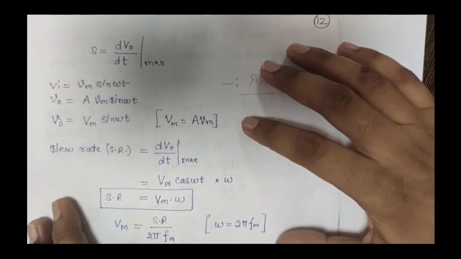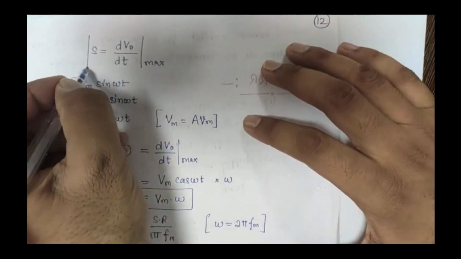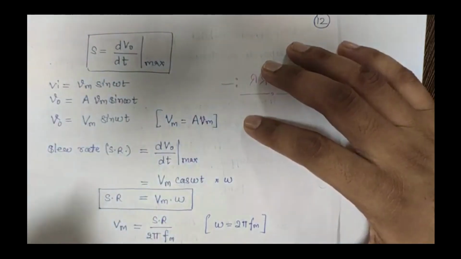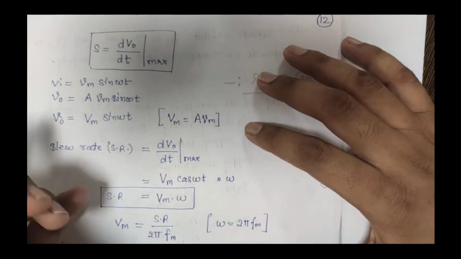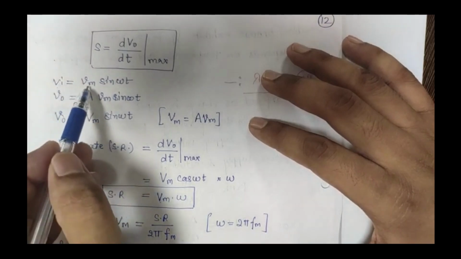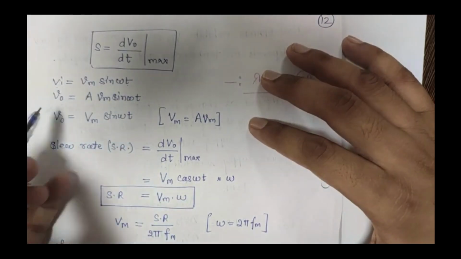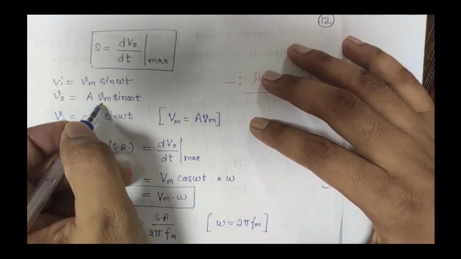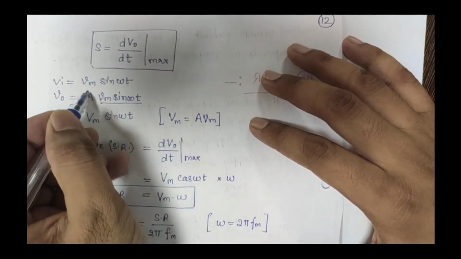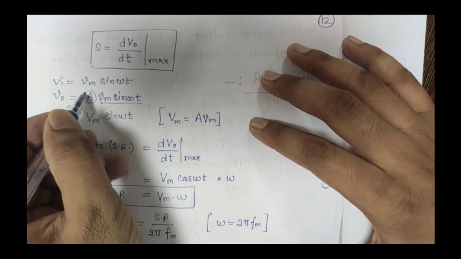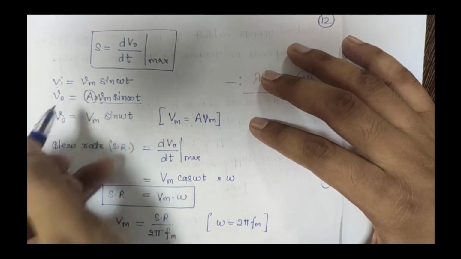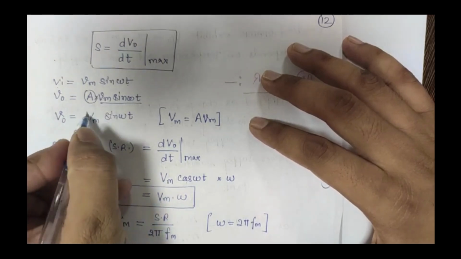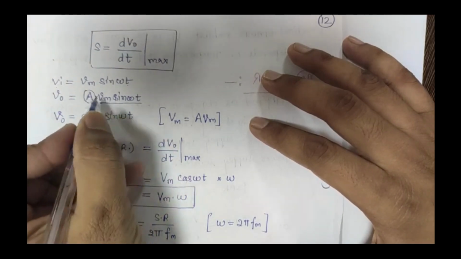The equation for slew rate is dV naught by dt max value. Here I am doing a little analysis of the slew rate. I have taken input voltage as Vm sin omega t. Output voltage will be Vm sin omega t multiplied with the gain. If gain of the op amp is A, then this will be A into Vm sin omega t. So output voltage is capital Vm sin omega t, where capital Vm is A into Vm.